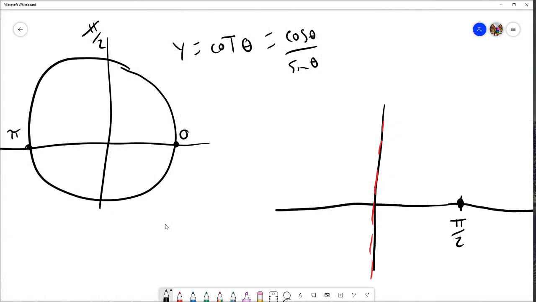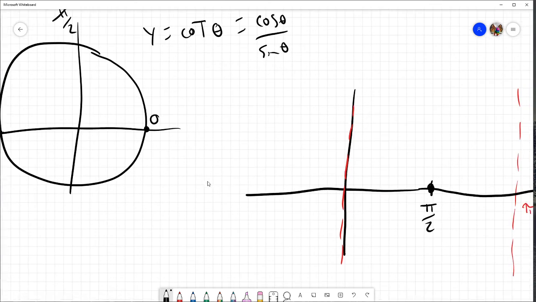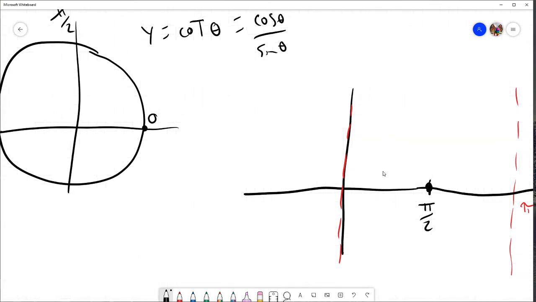So when we think about quadrant 1, that is the values right here, from 0 to pi. Well, those are positive.